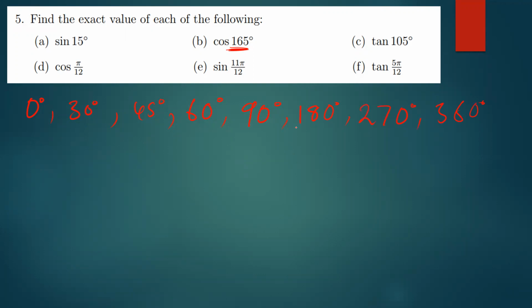Do we have any two angles that we can add or subtract to get 165, from the angles that I've written on the screen? It doesn't seem to be possible using these.